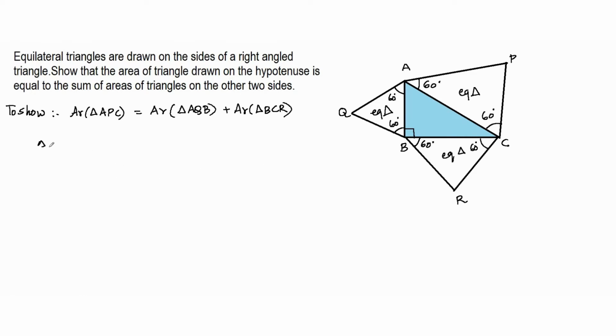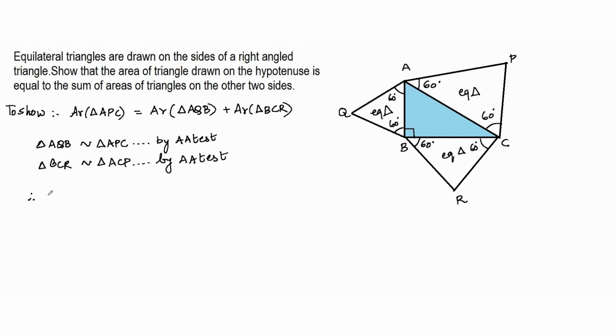So I can say that triangle AQB is similar to triangle APC, and of course I can prove this using the AA test. And also I can say that triangle BCR is similar to triangle ACP, again by the AA test, because all angles happen to be 60 degrees.